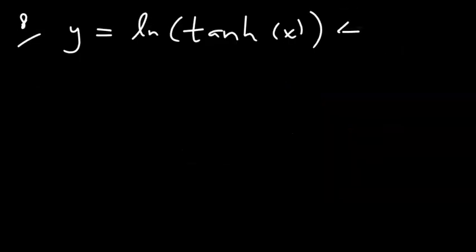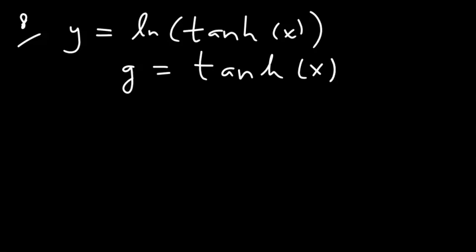Let's try to differentiate this function. Y is natural log of hyperbolic tangent of x. So let's take hyperbolic tangent of x to be a function g. So your y in terms of g is natural log of g.